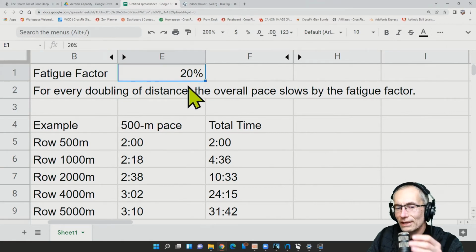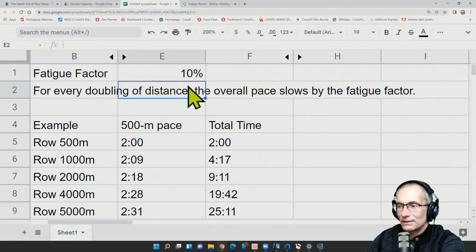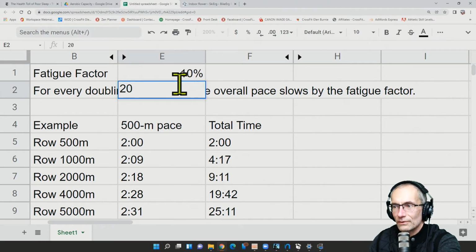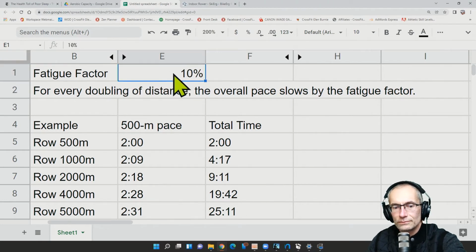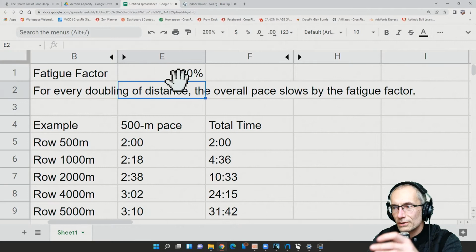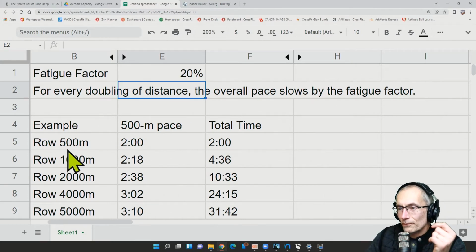So how does that play out? Well, let's see. We put in 10, we put in 20. All right, so we're going to go with 20. If my fastest 500 meter is 2 minutes, then my 1K row is going to be a pace of 2 minutes and 18 seconds.